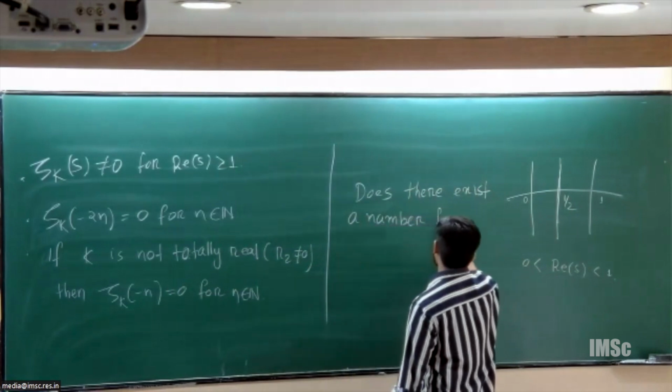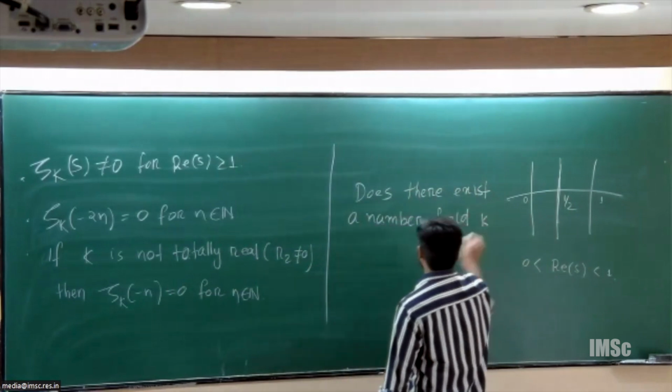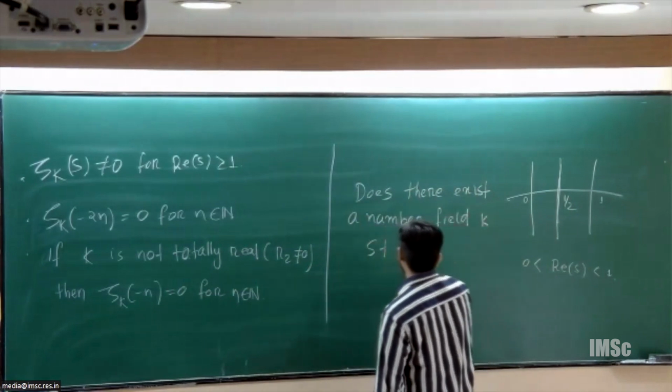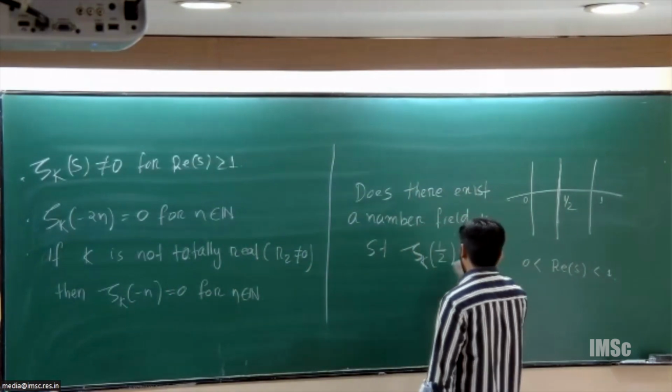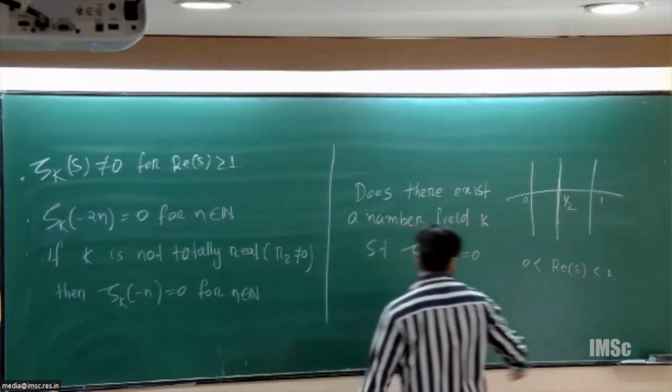K such that zeta_K of half is 0? Heilbronn answered this question.